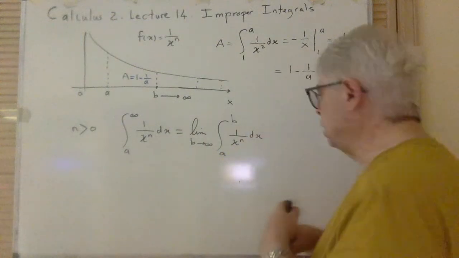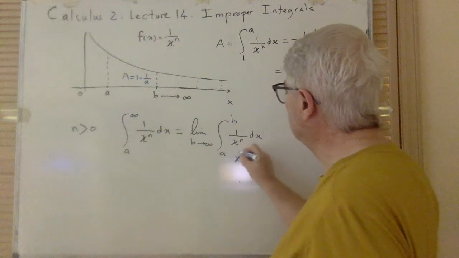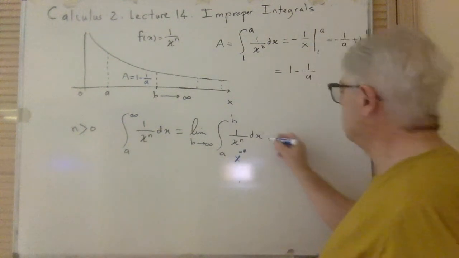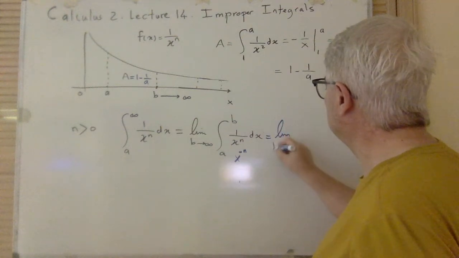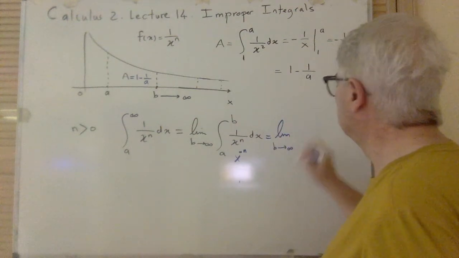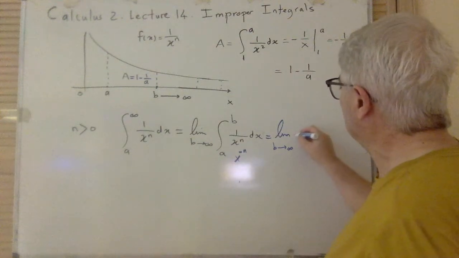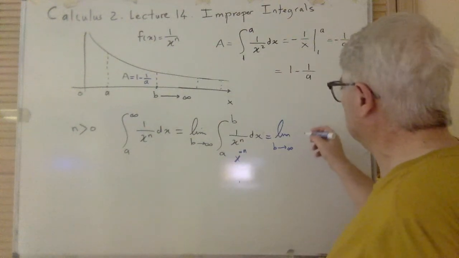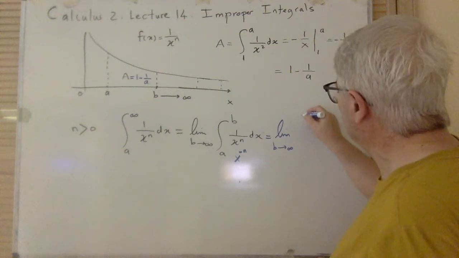Well, this is in fact x to the power negative n. So the integral is the limit as b goes to infinity of the integral of x to the power negative n. What is it?